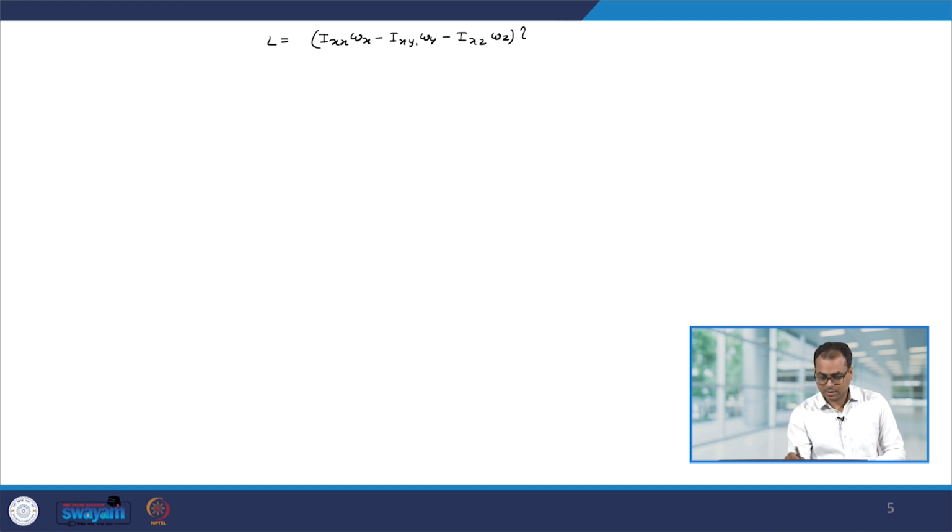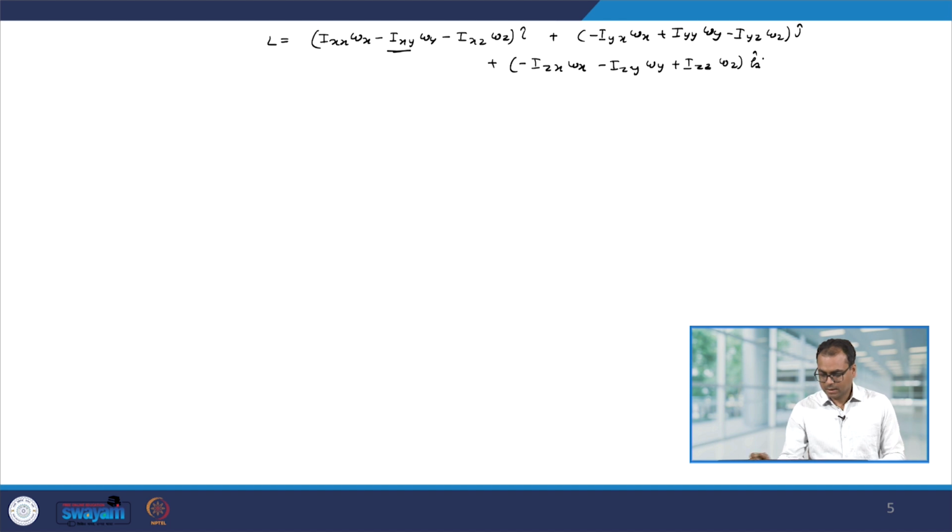So, that is the second term, and then you have ω_y, similarly I_xz ω_z, plus (−I_yx ω_x + I_yy ω_y − I_yz ω_z) j plus (−I_zx ω_x − I_zy ω_y + I_zz ω_z) k.